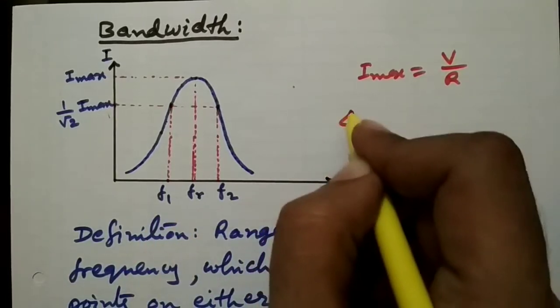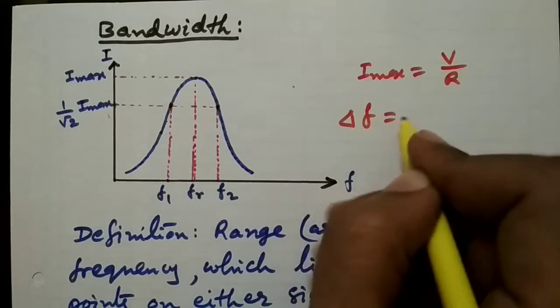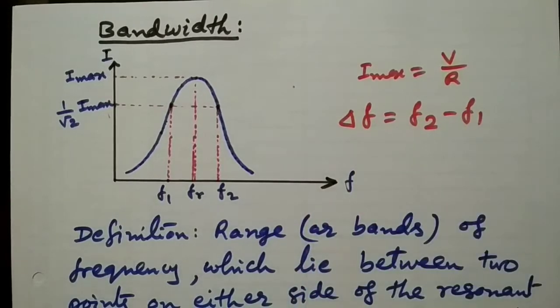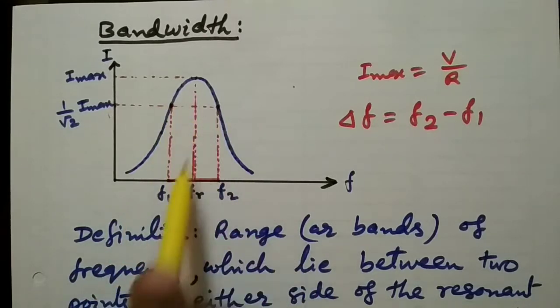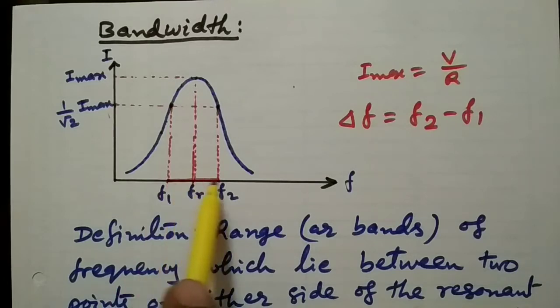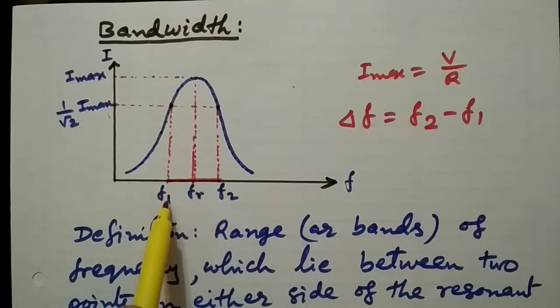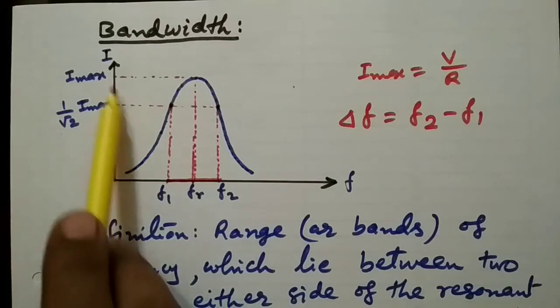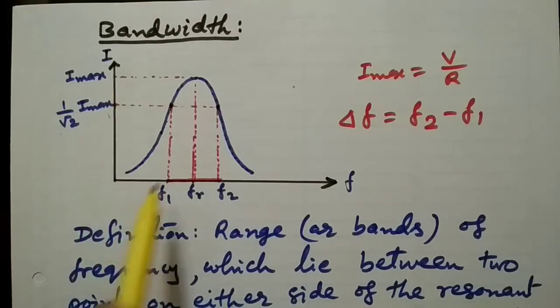So the bandwidth is defined as del F, and it will be F2 minus F1. So let's see the definition. Bandwidth is the range of frequency lying between 2 points on either side of the resonant frequency where the current is 1 by root 2 times the maximum current. So this is the bandwidth.